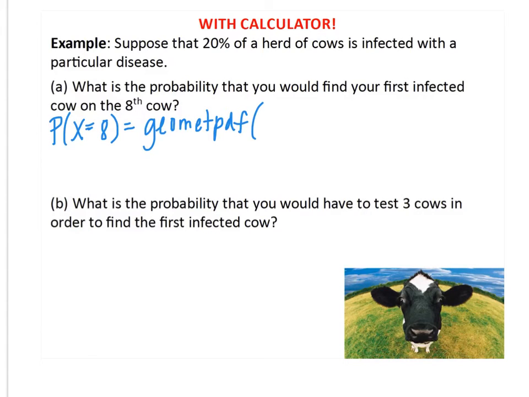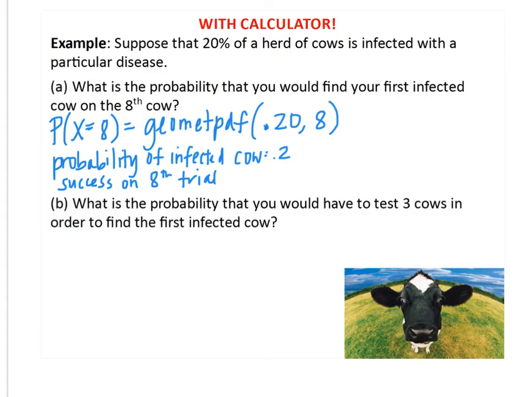The probability of an infected cow is 0.20, comma, I want my first infected cow on the 8th cow. I also have to write probability of infected cow equals 0.2 and success on the 8th trial. So I have to include these 2 pieces if I'm using this notation. But if I use my calculator, you'll see we end up getting the same result.